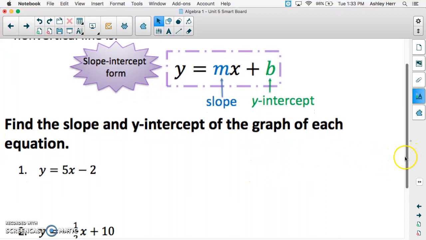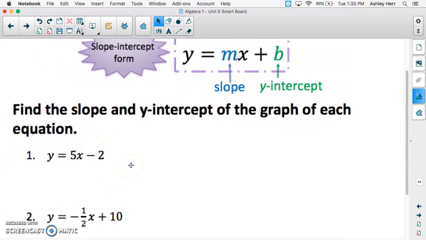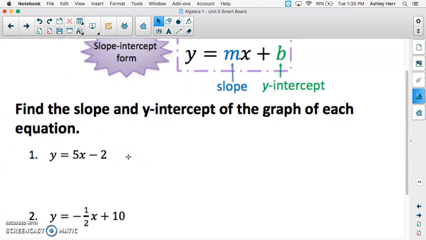So find the slope and y-intercept of the graph of each equation. So the first one, y equals 5x minus 2, we need to put this in the slope-intercept form.